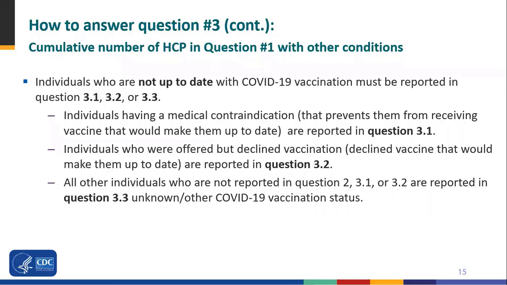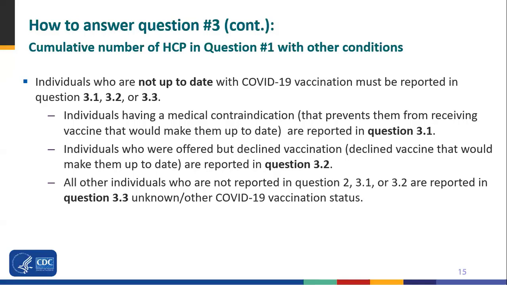Keep in mind that individuals who are not up to date with COVID-19 vaccination must be reported in question 3.1, 3.2, or 3.3. Individuals having a medical contraindication that prevents them from receiving the vaccine are reported in question 3.1.